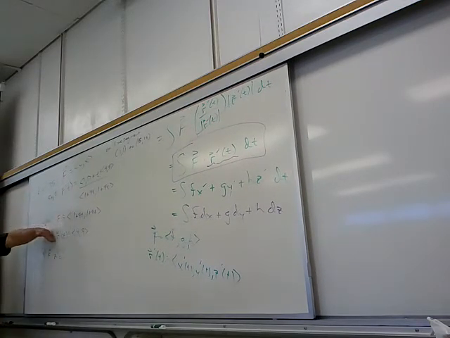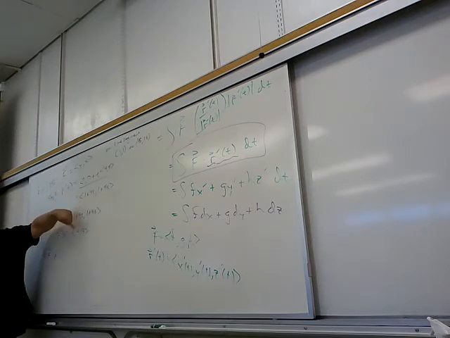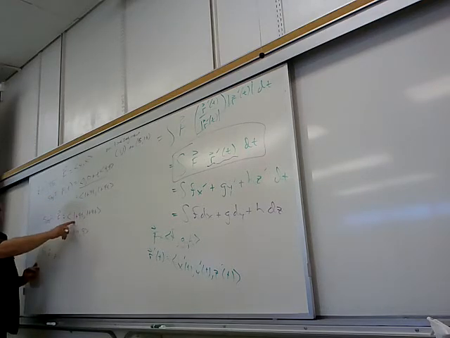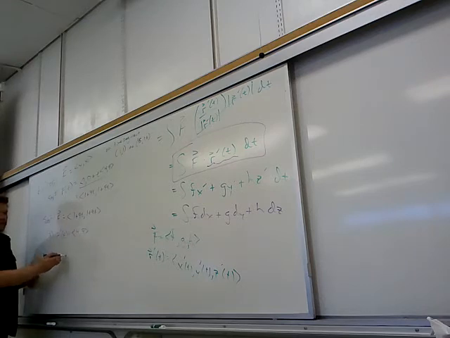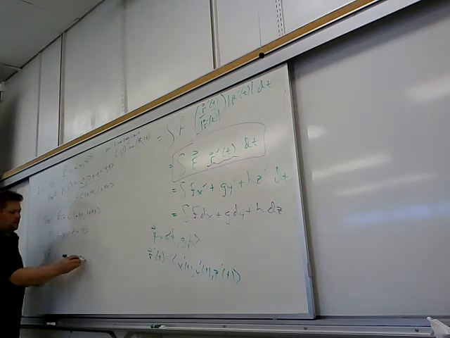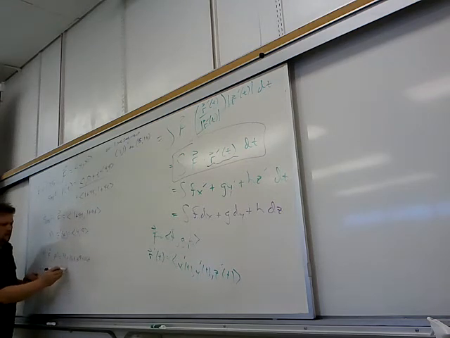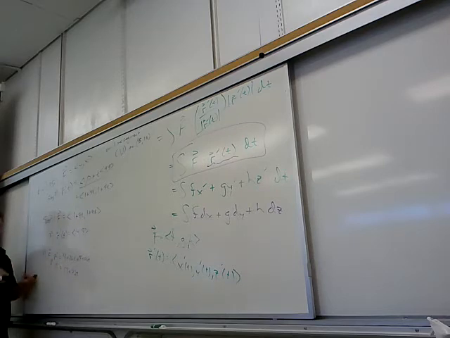What's the beautiful thing about dot product? It's multiply and add, right? So you get 4 plus 36t plus 9 plus 36t, which is 13 plus 72t. Cool, there's my f dot r prime. That's my integrand now. That's what's inside the integral.